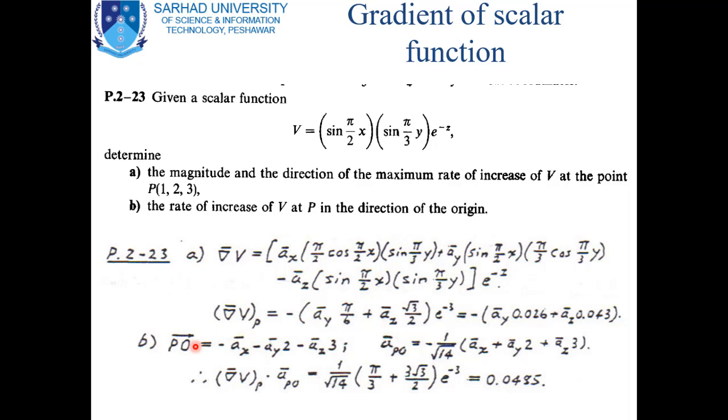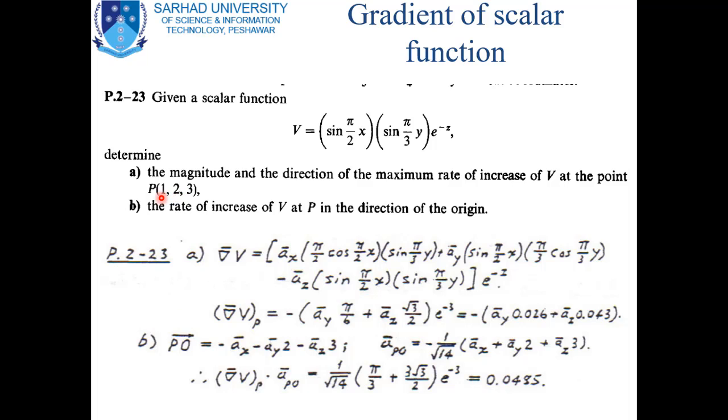In the second part they ask to find the rate of increase of v at P in the direction of the origin. So we have to obtain first a vector and then its unit vector, and then we will multiply the unit vector with the gradient of v. So we have to obtain PO, which represents the position vector in the direction of O. So we will subtract these points from the points of x, y, z at the origin.